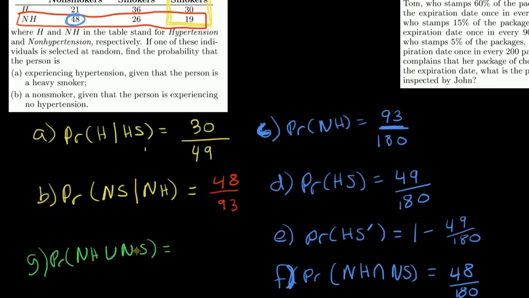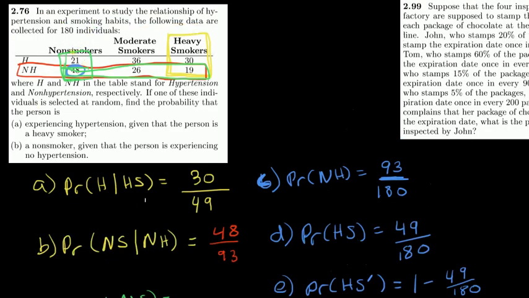That means you can be either one, and you're part of this group. These meet one criteria of being non-hypertensive, and these meet the other criteria of being non-smokers. What I've circled in green, those all meet the criteria.